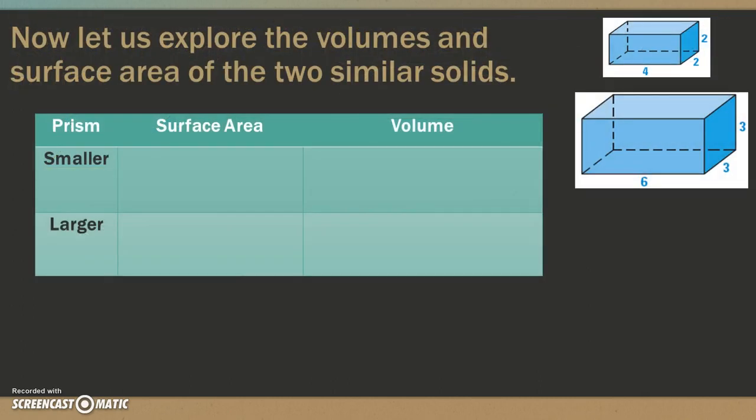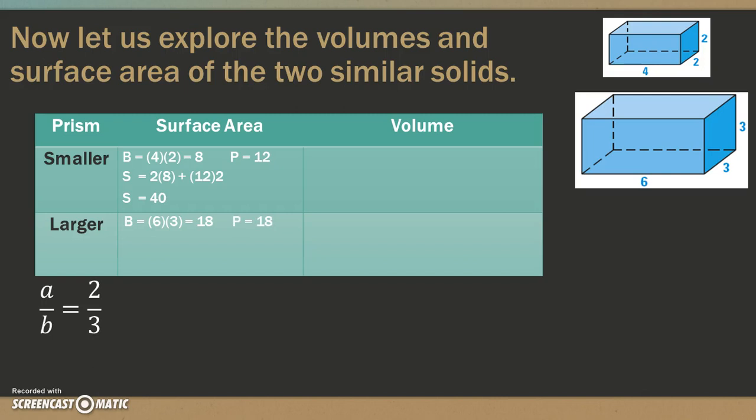Okay. Now let us explore the volumes and surface areas. So here, these are regular. The smaller one is 2 to 3, but the area of the base of the small one is 4 times 2, which is 8. The perimeter is 12. Because we're looking at the surface area, we do 2 times 8 plus 12 times 2, and we get the surface area is 40. On the larger one, the base is 6 by 3, which is 18.